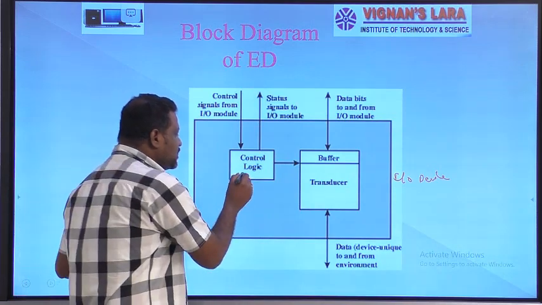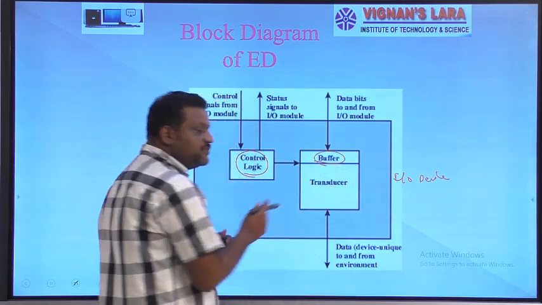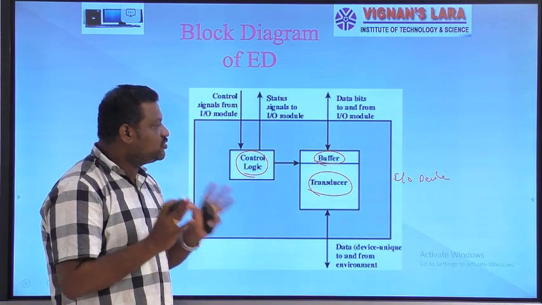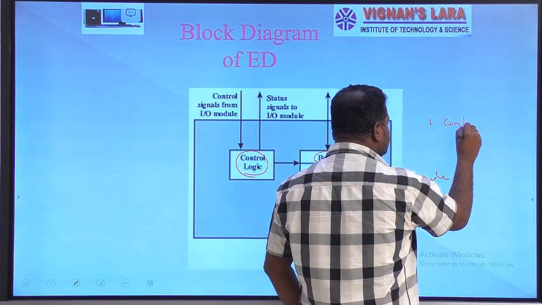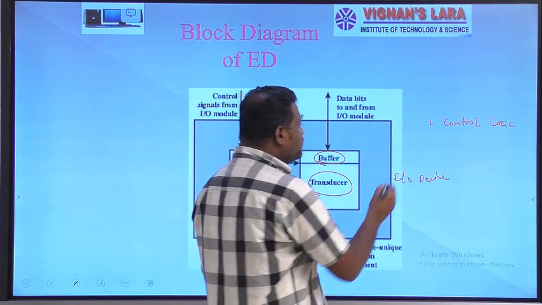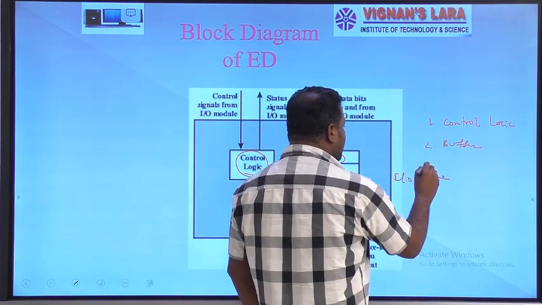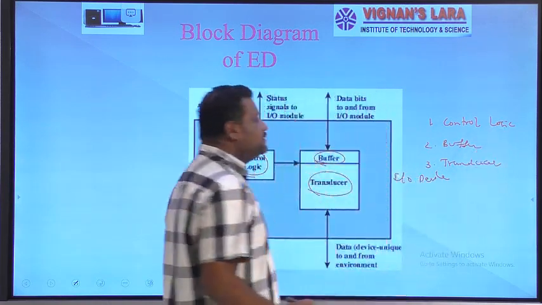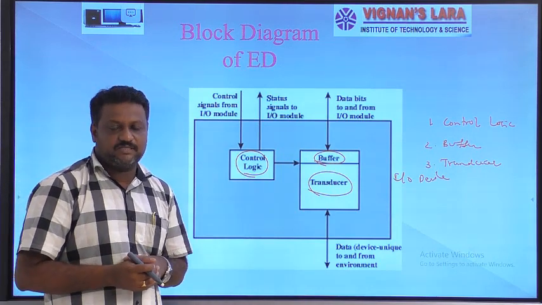The first one is the control logic. The second one is a buffer. And the third one is the transducer. These are the major blocks present in every external device or I/O device.